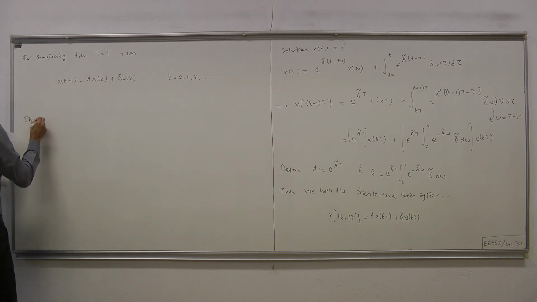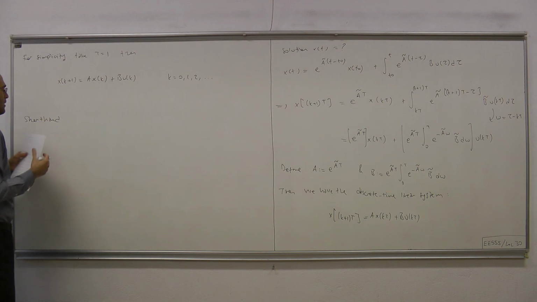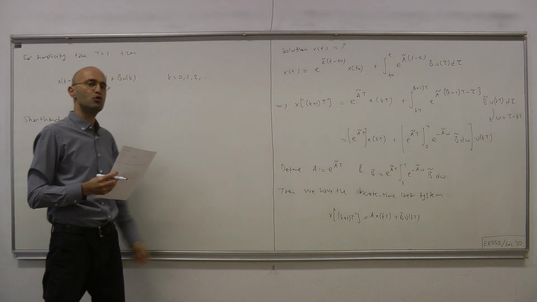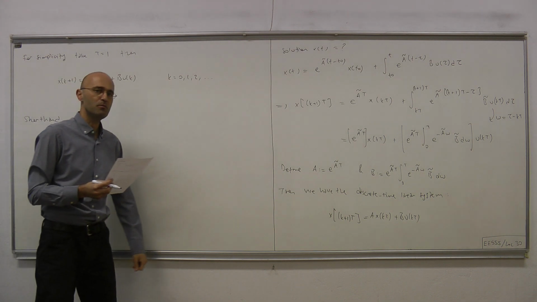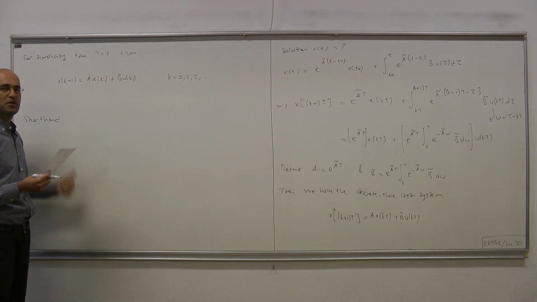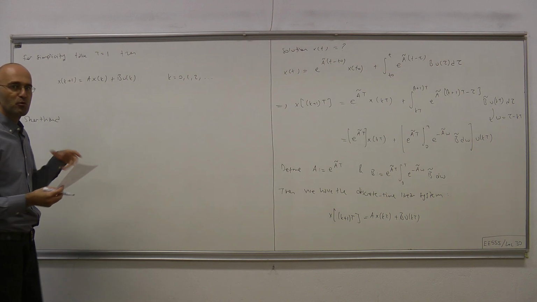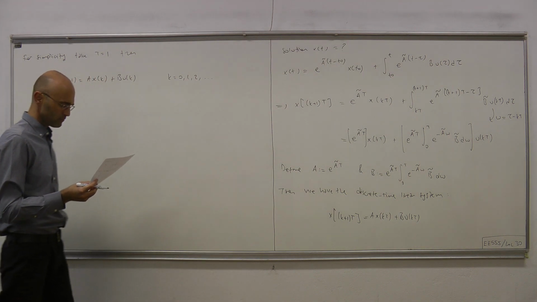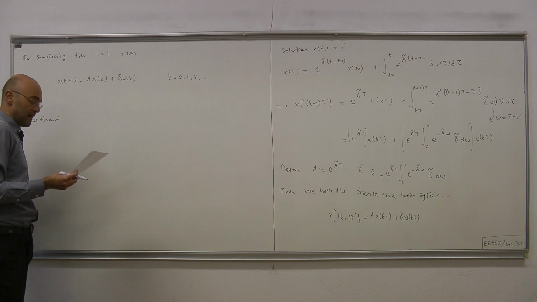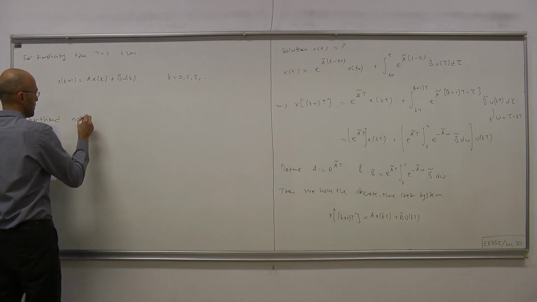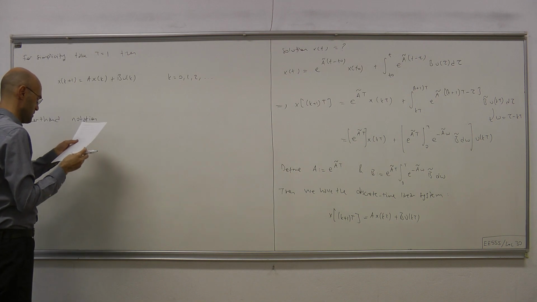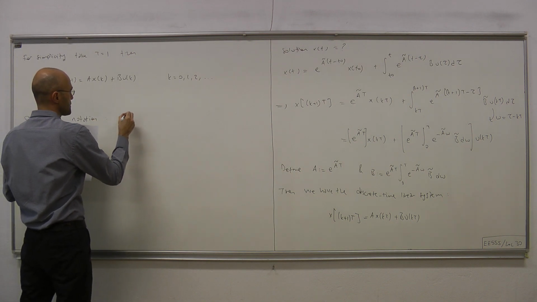Now, although it's not as universal as the notation ẋ = Ax + Bu, there is a shorthand notation for discrete time that becomes more and more widely used. The shorthand notation is x⁺.